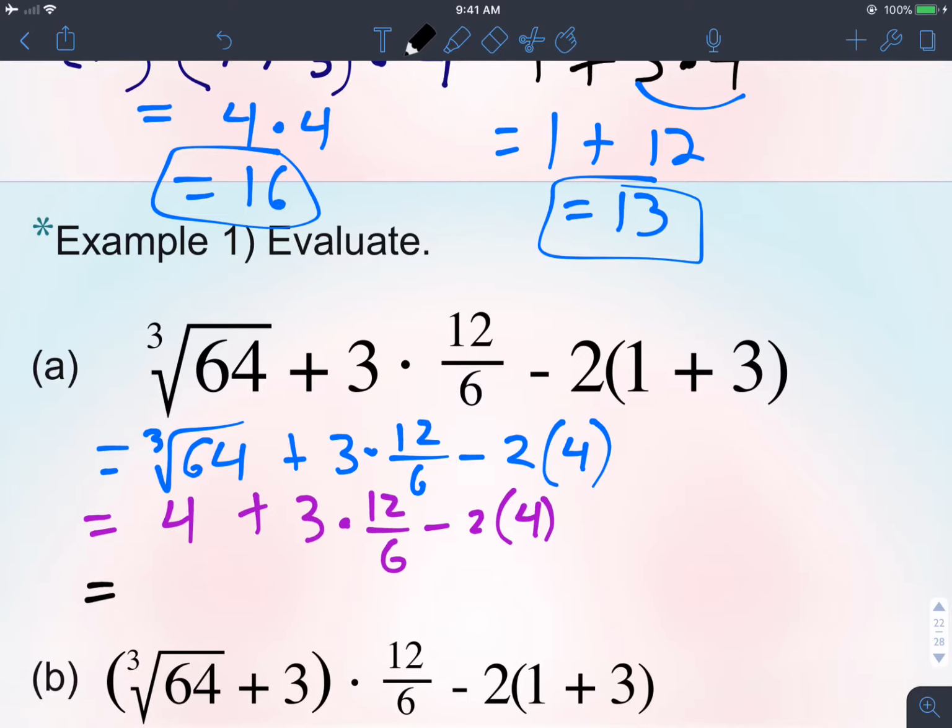We want to stay away from the addition because this takes precedence because of the dot. So we do 3 times 12, what would it be? 36.